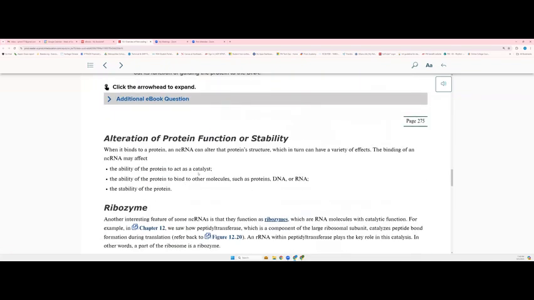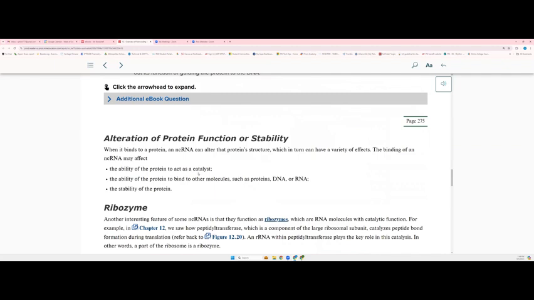Another application of RNA is that it can change the protein's function or its stability. After the non-coding RNA binds with the protein, it can change the property of the protein.